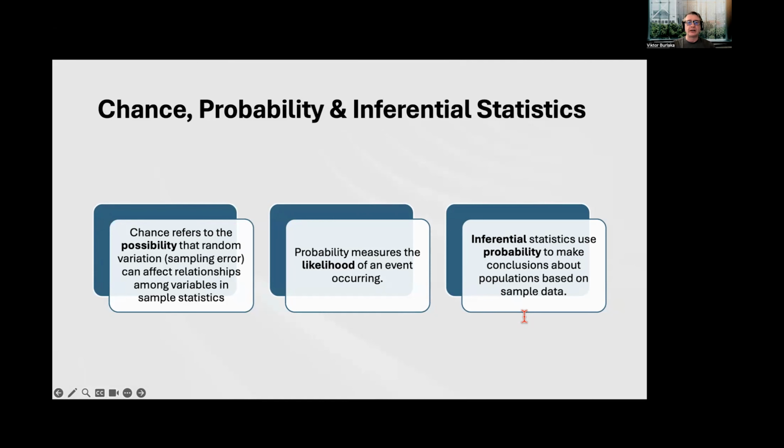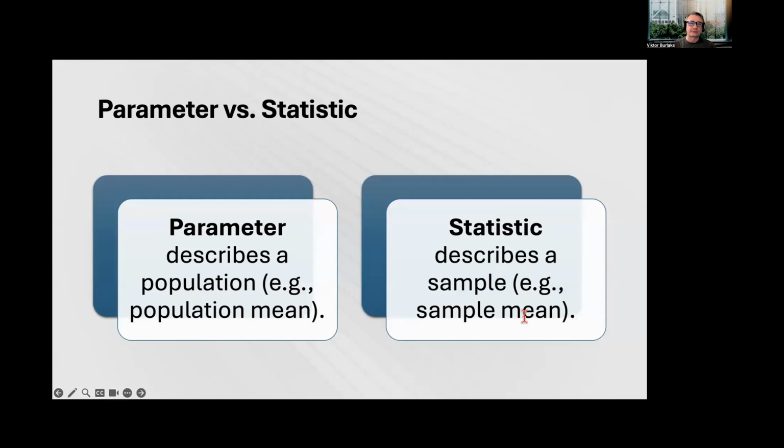Probability measures how likely an event is to happen, which helps us predict outcomes in research. Inferential statistics use probability to make conclusions about a larger population based on a sample of data. A parameter describes a whole population, like the average income of all social workers in the country.